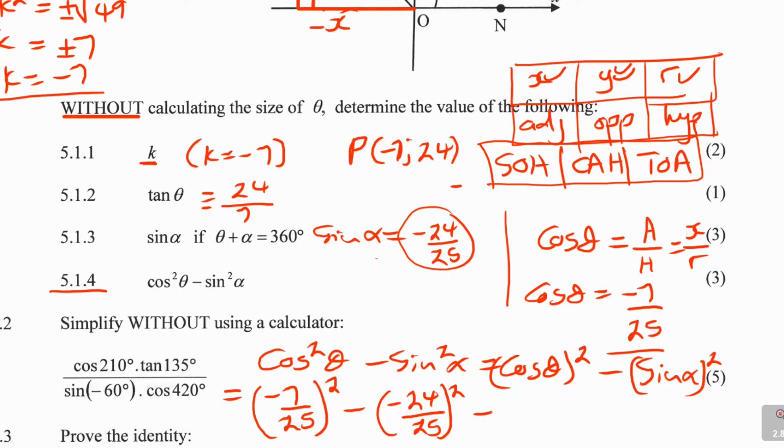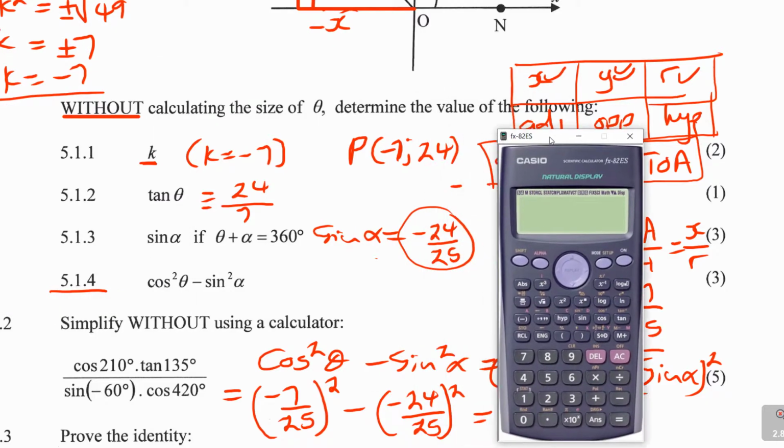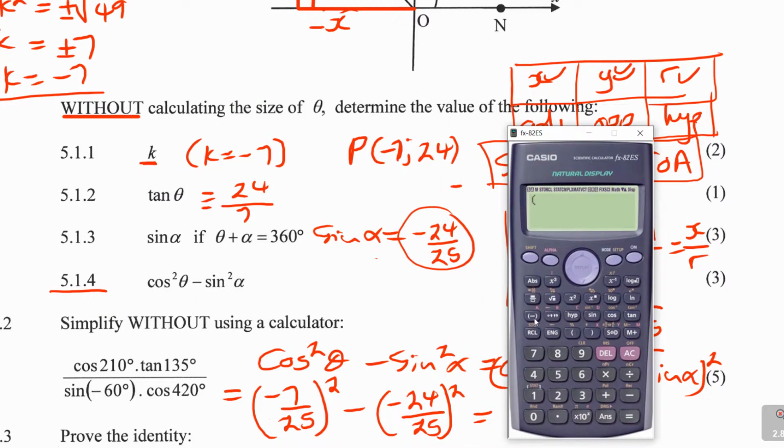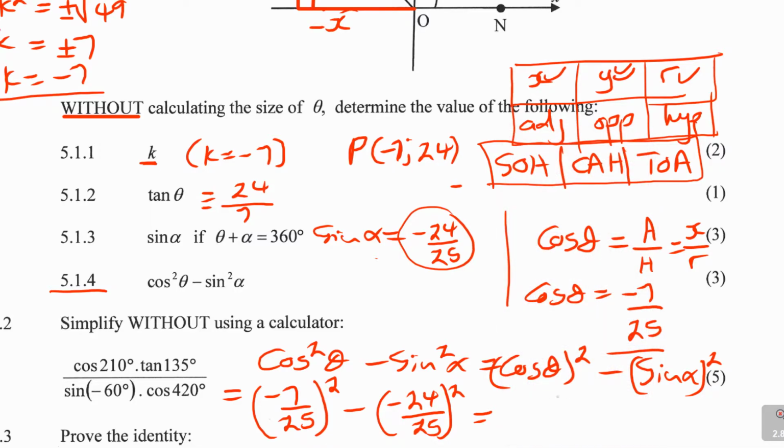Then with the calculator you can simplify that. Let's see what it gives us. It will be bracket negative 7 over 25 squared minus bracket negative 24 over 25 squared, and then you get the answer to be negative 527 over 625.